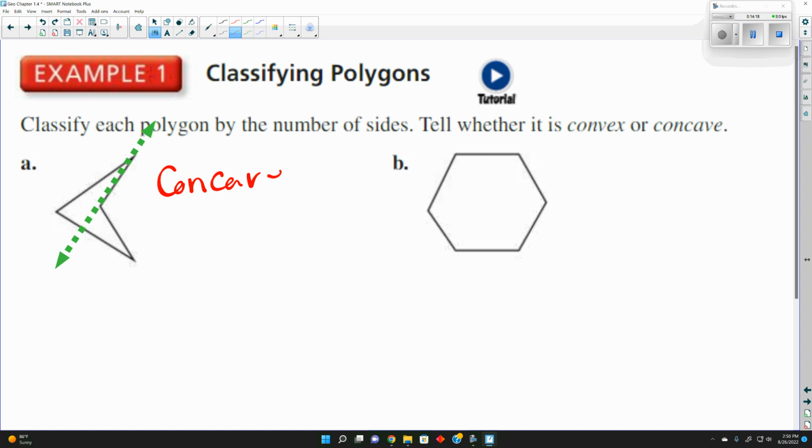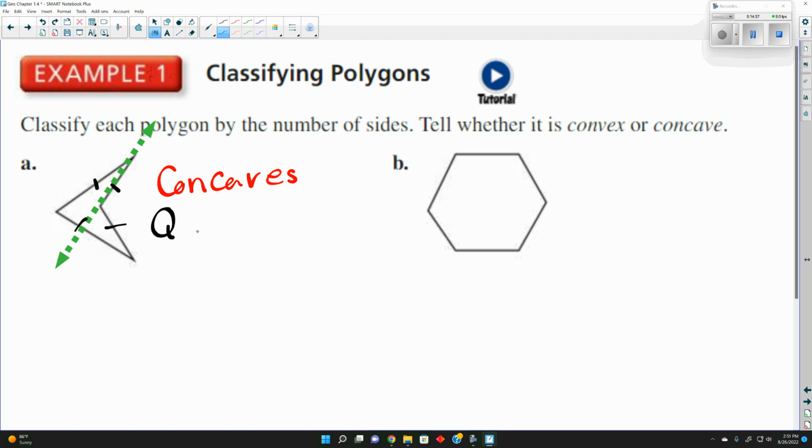Because it caves in. If we can draw a line on one of the sides and it goes into the figure, it's concave. If it doesn't, it's convex. So it has how many sides? 1, 2, 3, 4.